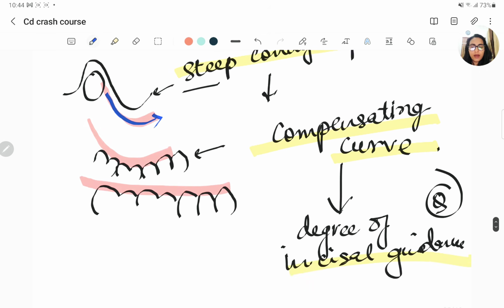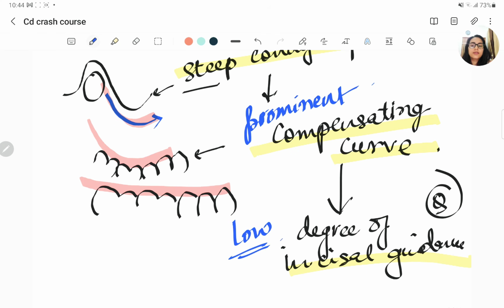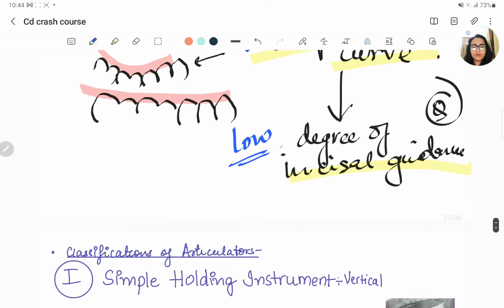When the condylar path is steep, the compensating curve will also be steep. There will be a prominent compensating curve if the condylar path is steep. So we give a low degree of incisal guidance in this particular situation.